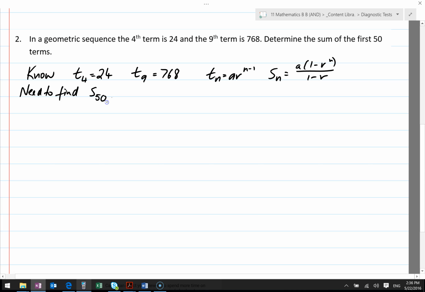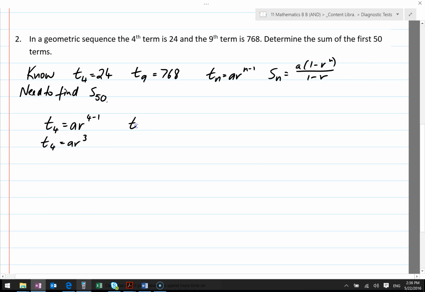So to find S50, I'm going to be subbing n equals 50 in here. I need to know what A and R are. T4, I know it's 24, but I could use my general formula and write it as AR to the power 4 minus 1, or T4 is AR cubed.